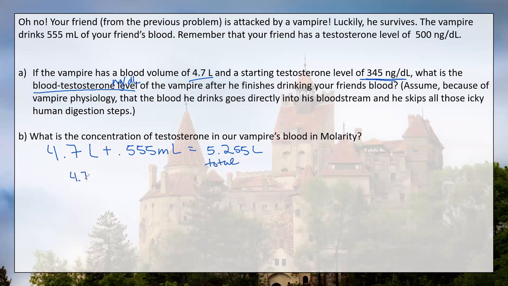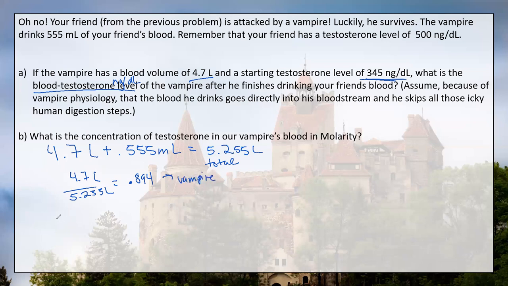So 4.7 liters over 5.255 liters is 0.894, or 89.4% of the blood now in the vampire originally belonged to the vampire. Sorry, vampire.